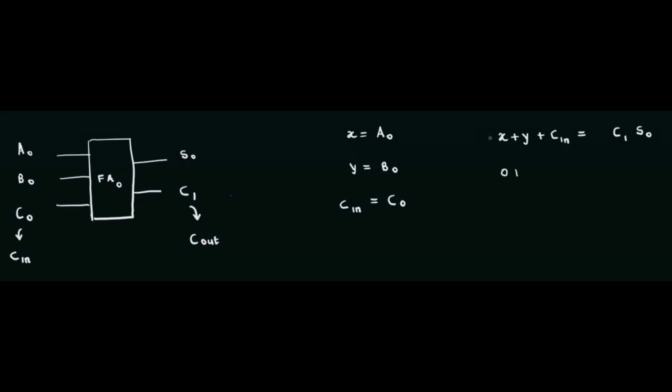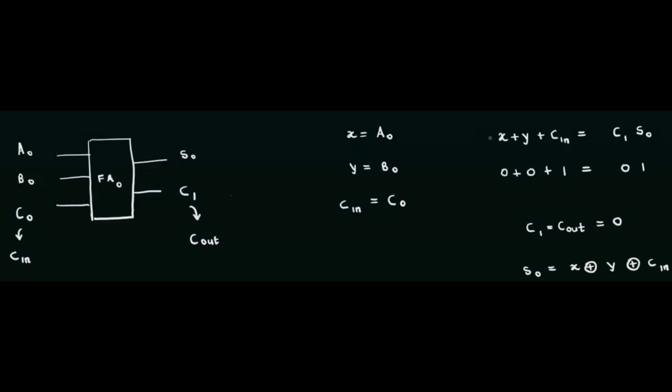Let's say x is equal to 0, y is equal to 0, and Cin is equal to 1. Then the output will be 0, 1. Why? C1 is the C out, which is 0 in this case, and S0 is equal to x XOR y XOR Cin, and that is equal to 1.